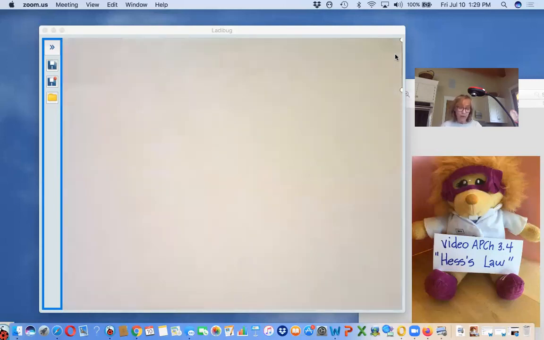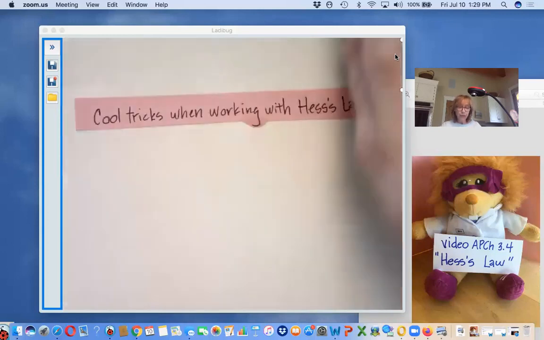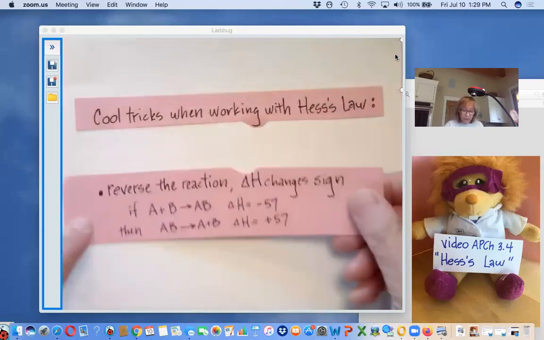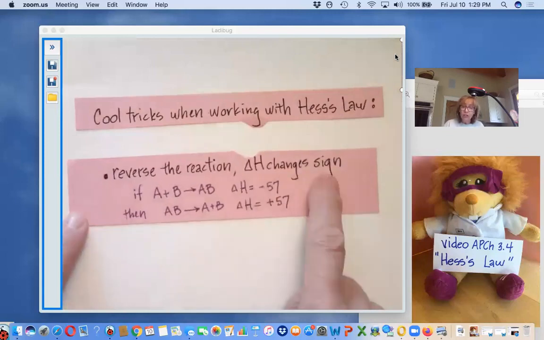Before we do, however, I want to show you two really cool tricks that we'll be using. The first one says that if you reverse a reaction, the delta H is going to keep the same magnitude, but it will change sign. Here's what I mean by that.